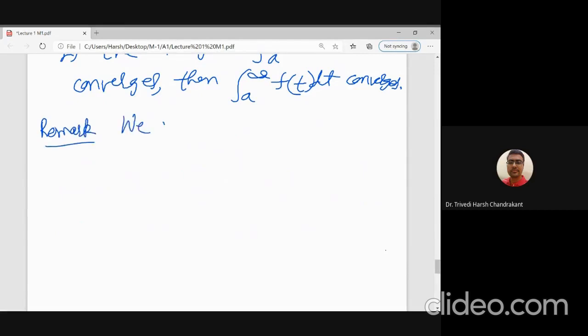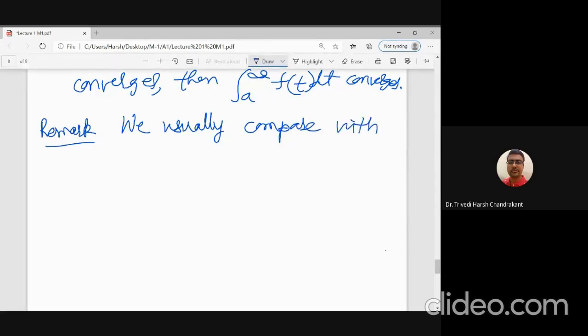We usually compare with the test functions. So one test function is 1 upon t power p, and the other test function is e power minus t.